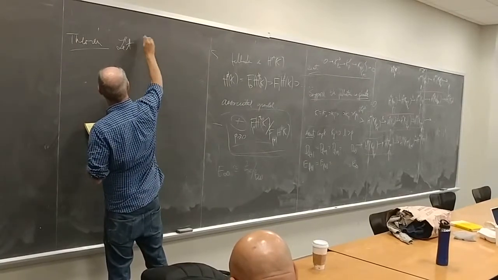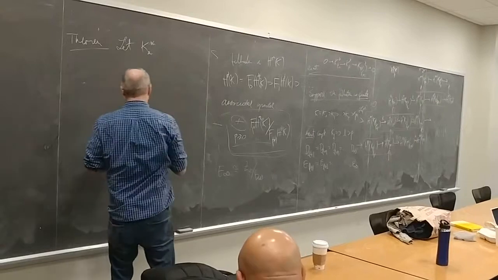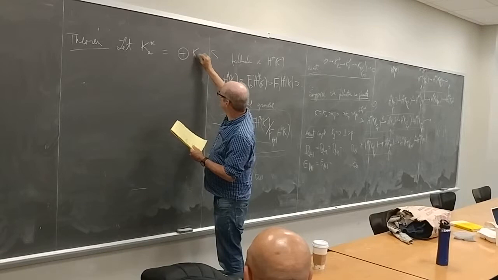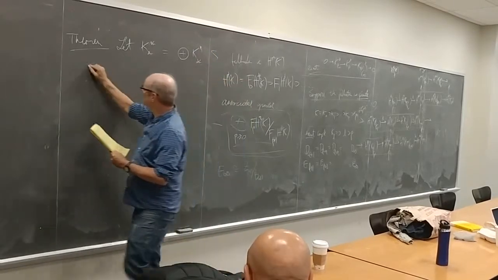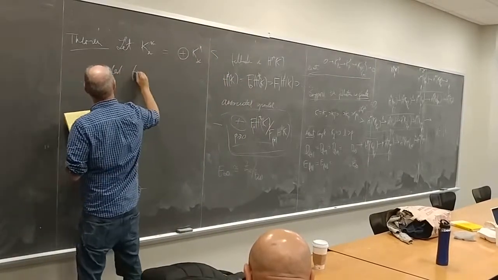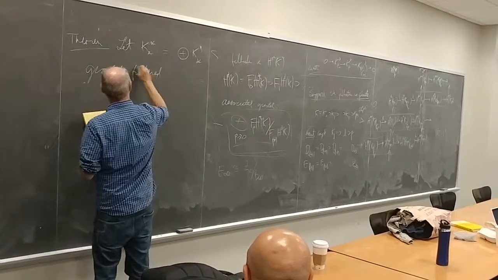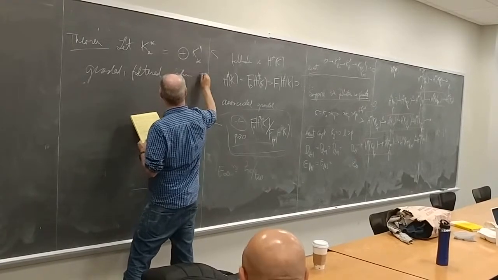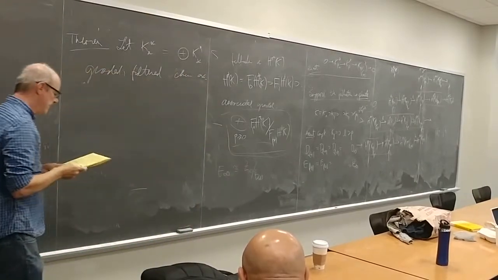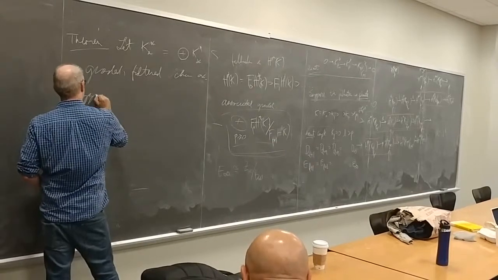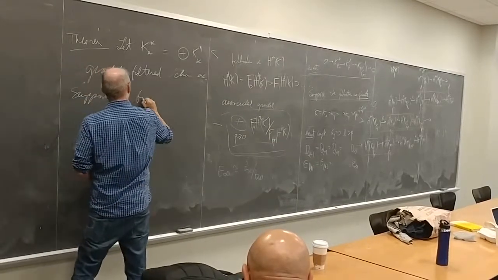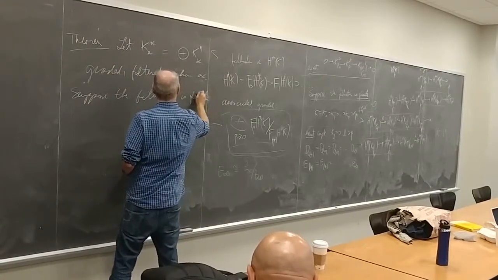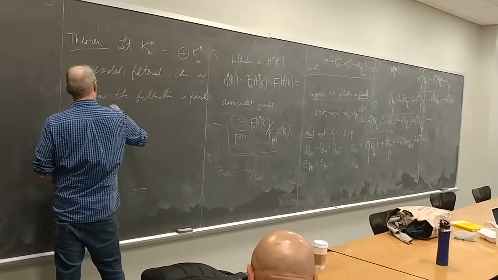Let this gadget that we've been talking about be a graded filtered differential abelian group, in other words, a graded filtered chain complex. And then let's suppose that the filtration is finite in each dimension.